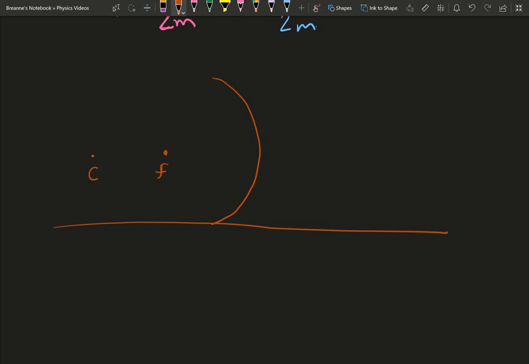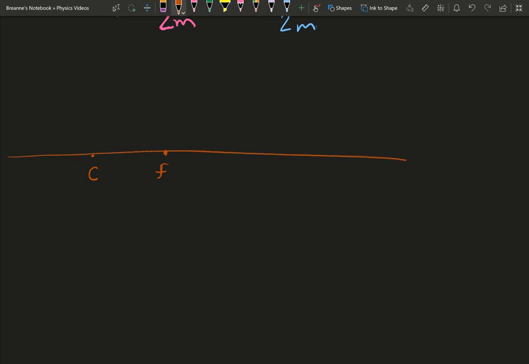That is not accurate for what I drew, so I can redraw it. Something like that. Now you can place your image either in front of the focal point, or between the center, on. There's all kinds of different things you can do. But let's put our image here.